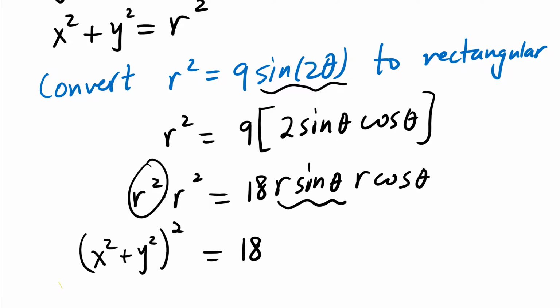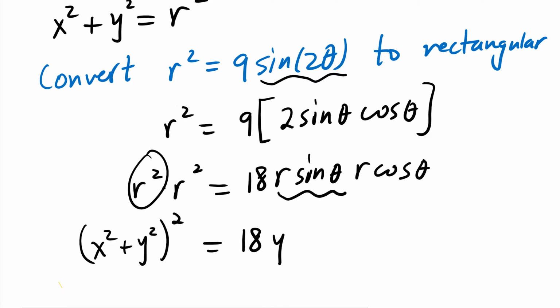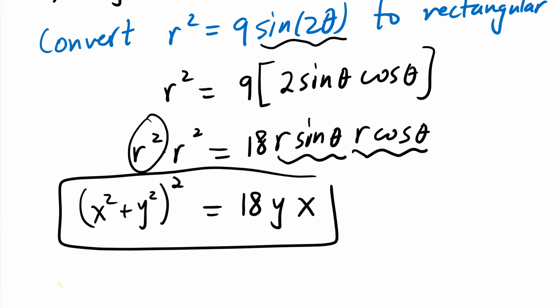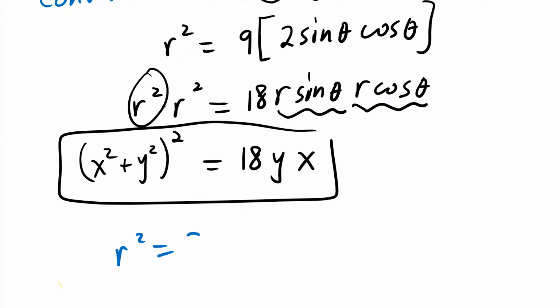R sine theta is y, and r cosine theta is x. Done. You don't have to simplify further than that. What about if it's r squared is 9 cosine 2 theta?